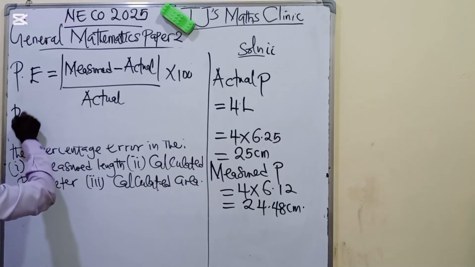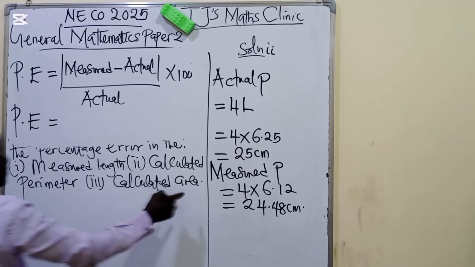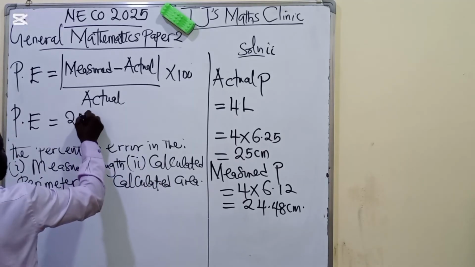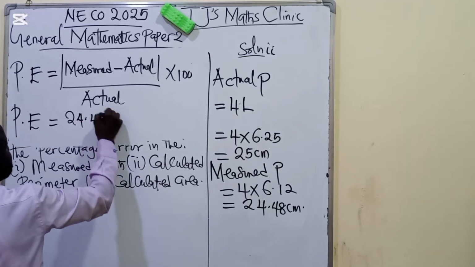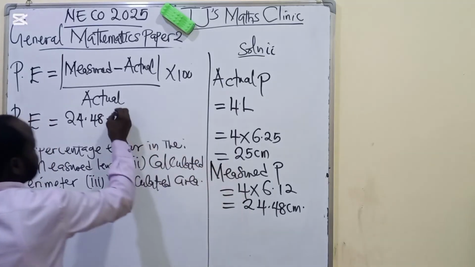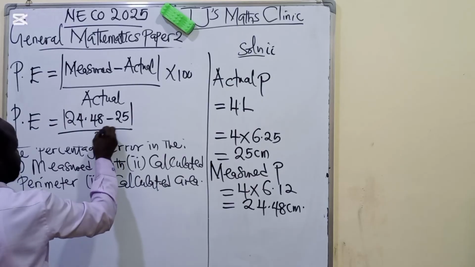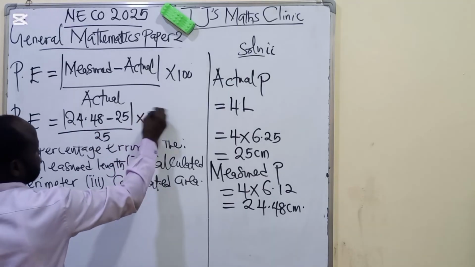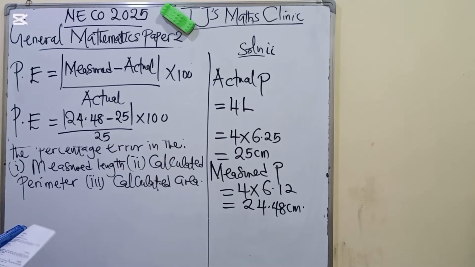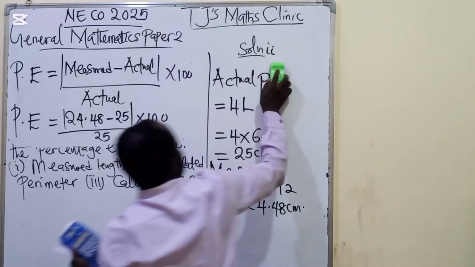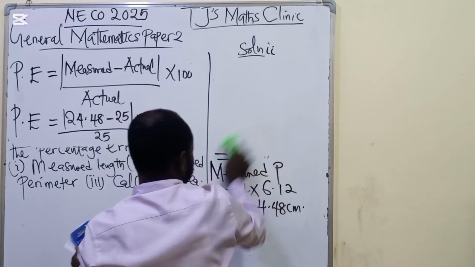The measured perimeter is nothing but 24.48 minus the actual, which is 25. We take the absolute value, divided by 25, multiplied by 100.